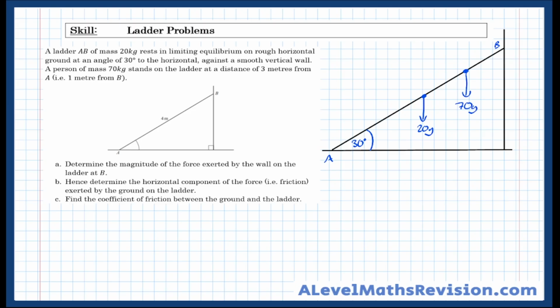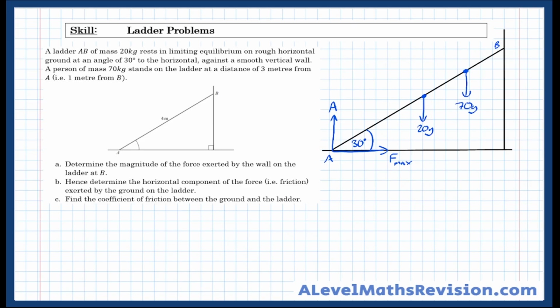Other forces that must be acting, well, we know the ground is rough, so to stop the ladder from slipping, there must be a frictional force, and we're told it's in limiting equilibrium, so we can write F max. The ground must be pushing back at the ladder. I'm going to call that force A because it's acting at A. Normally we'd call it R, but it's easier to call it A here because it's acting at A.